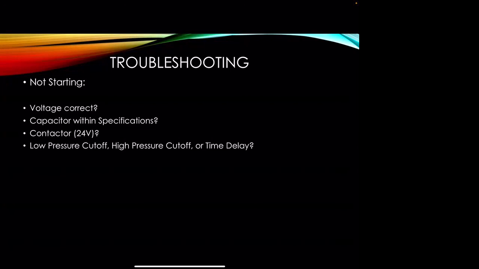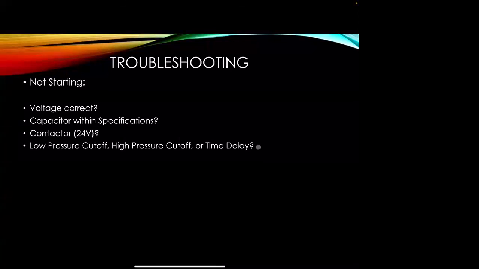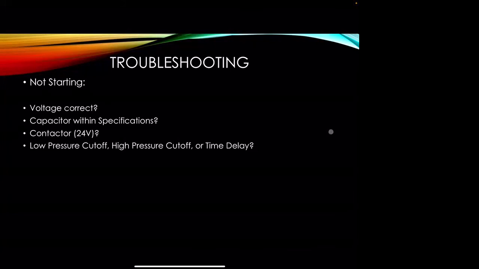The contactor is just not pulling in. Check the low pressure cutoff, high pressure cutoff, make sure it's not overheated. Check your high temperature cutoff on your compressor or any sort of time delay that you're just waiting on from the system, especially with these more advanced communicating systems.